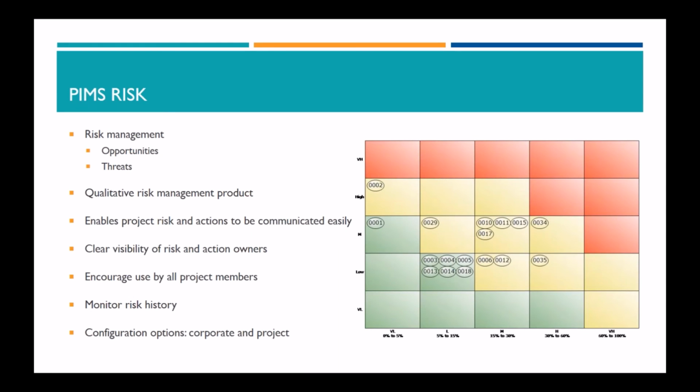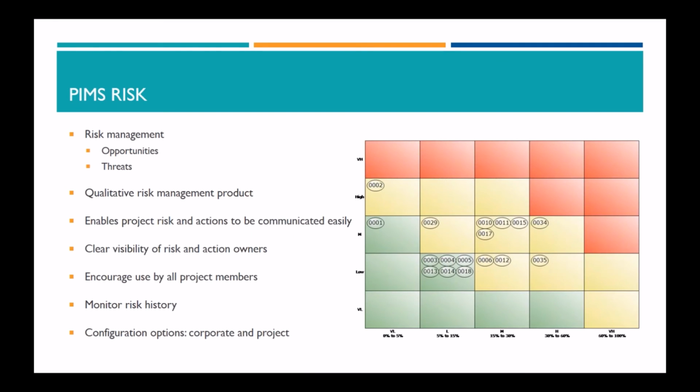It enables all project risks, be they threats or opportunities, to be listed, and all the relevant actions you want to take to address those to be communicated very easily throughout your project team and in fact your whole company. It helps establish clear visibility of who the risk owners are, who's responsible for each action, and when the due dates for those actions are.